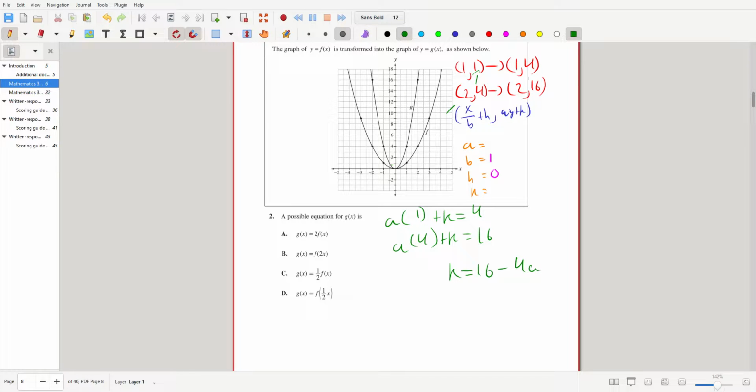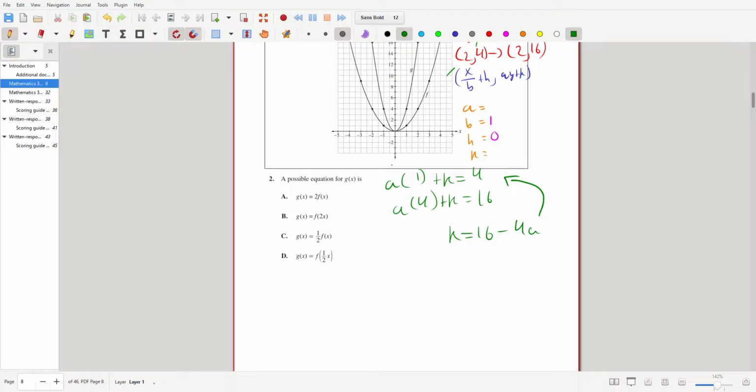I'm going to put this into there. So a plus 16 minus 4a equals 4. This is negative 12. A minus 3a.